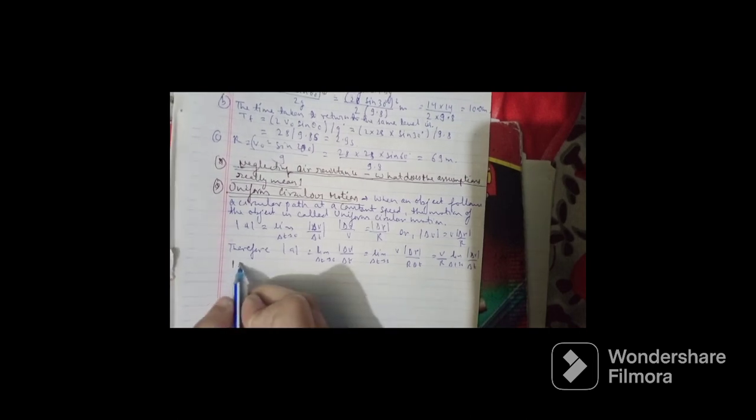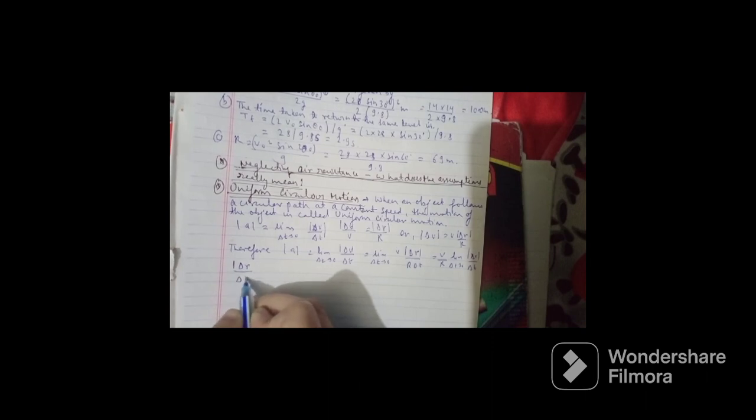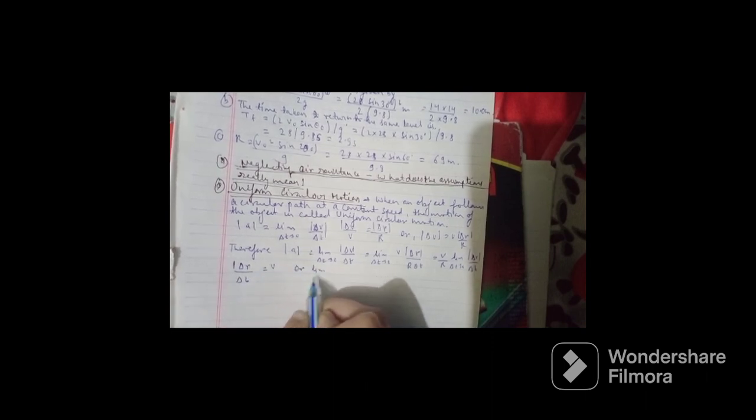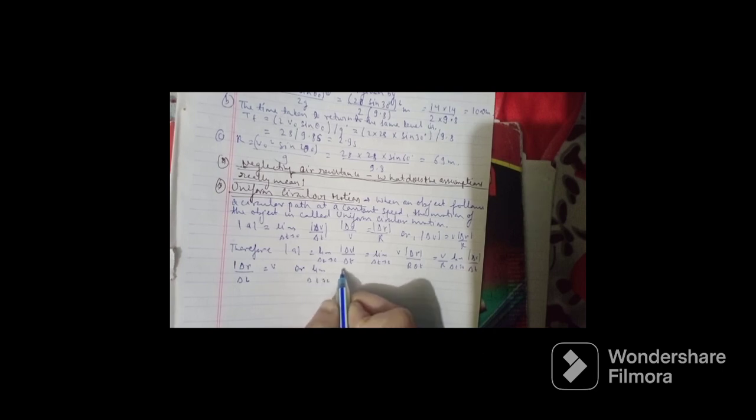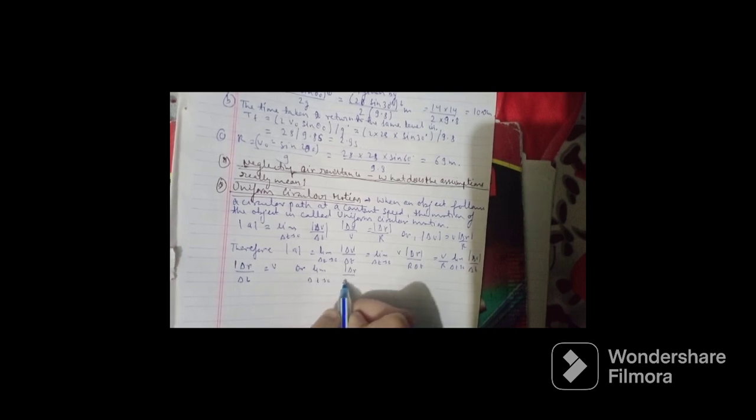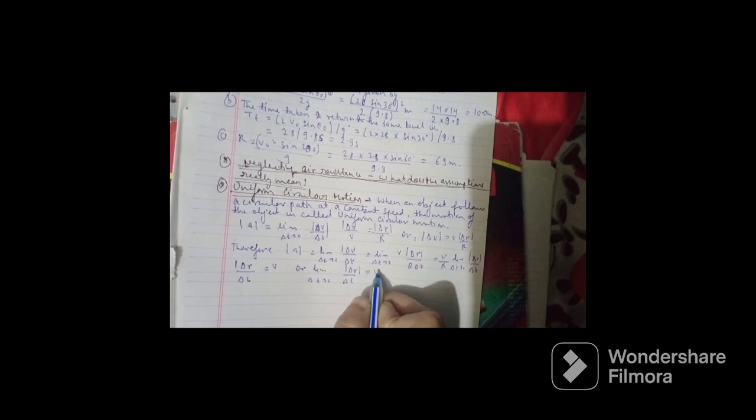If delta t is small, delta theta will also be small, and the arc delta r is approximately the chord, so the limit of delta r by delta t equals v.